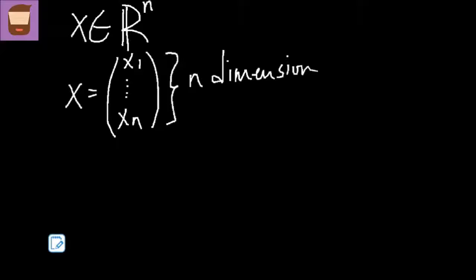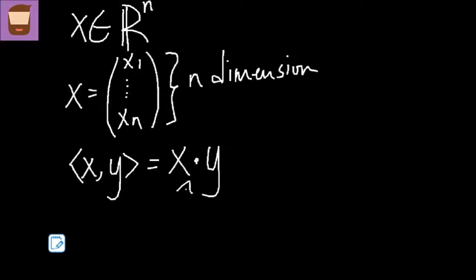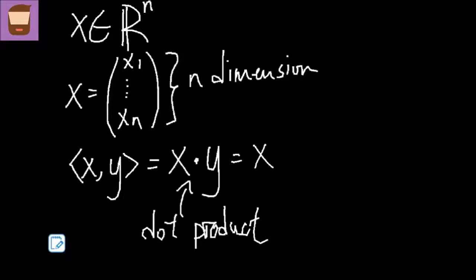So we denote the inner product in this way. The inner product of x and y becomes x dot y, and that's why we call it a dot product. It is also x transpose times y.